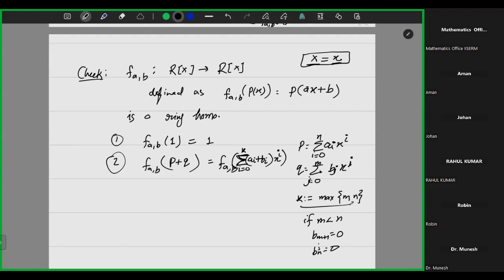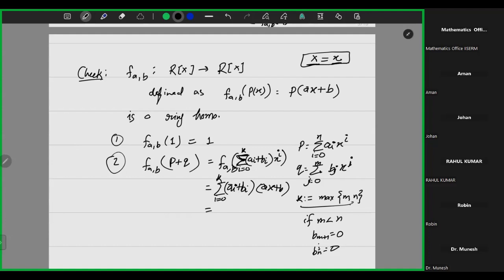But in this case, if you replace x by ax plus b, here we have the same sum, i from 0 to k.